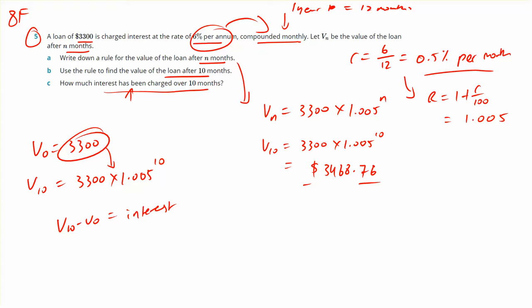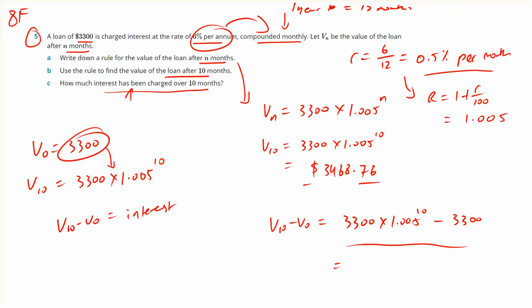So if I subtract V0 from V10, I should get the interest charged. So V10 is given by 3500 times 1.005 to the power 10 minus V0, which is 3500. Now, if you're not comfortable with doing it in one line, just work them out separately and subtract them.